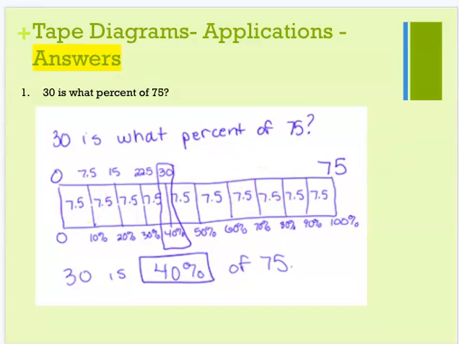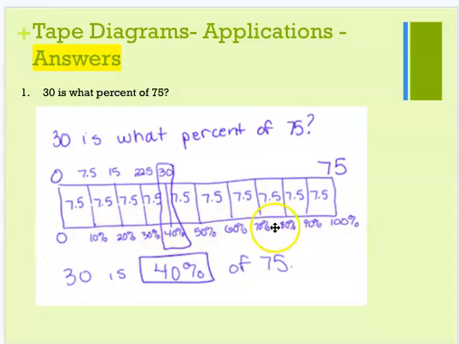So 30 is what percent of 75. The first thing I did was draw a rectangle to represent the entire unit, which was 75. And I labeled on the top 0 to 75 and on the bottom 0 to 100%. And I had to think about how I would see this 30, and it wasn't necessarily the first thing that came to my mind, but I thought, oh, I know how to split things into 10% pretty easily.